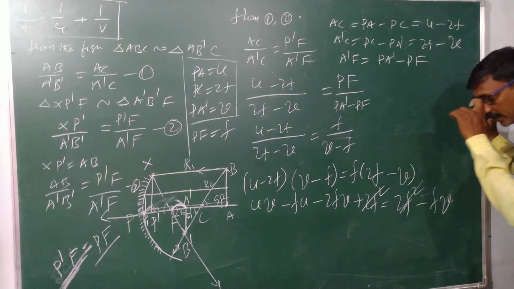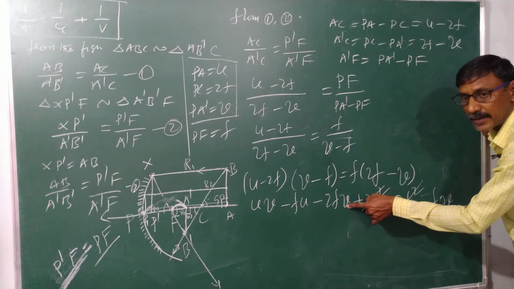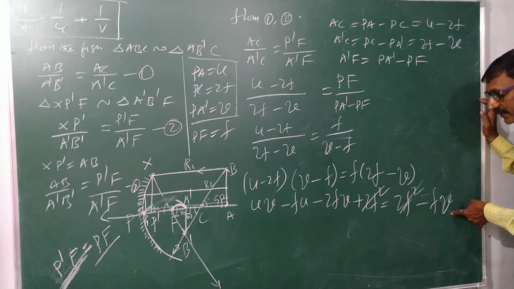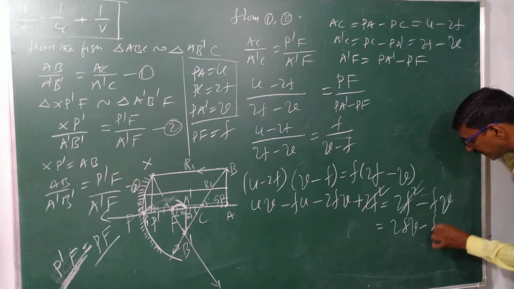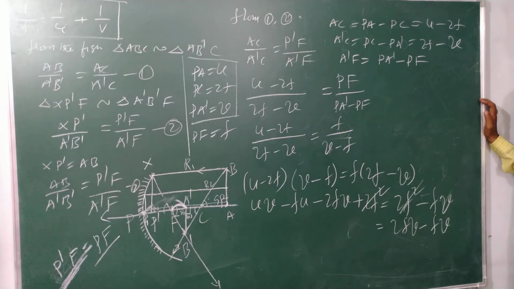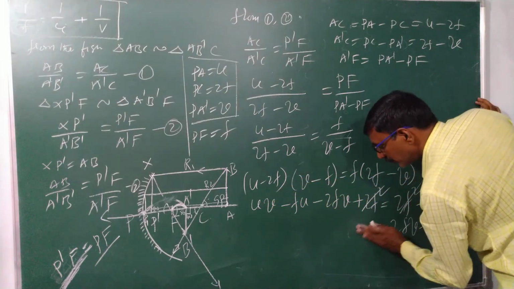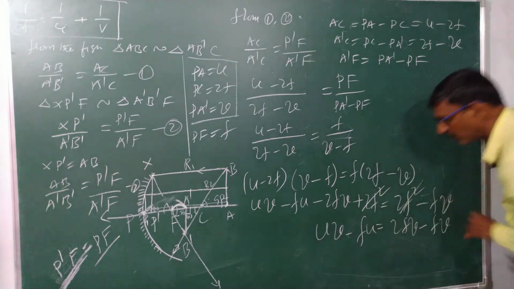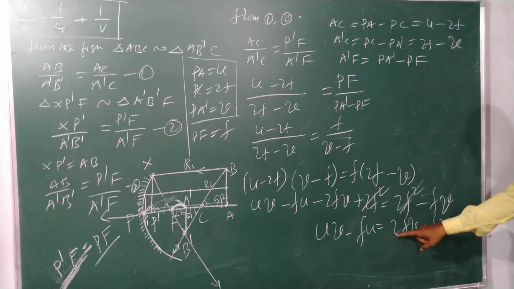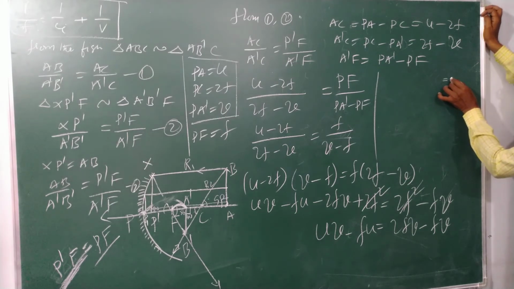Now see here, very important. Minus 2FV is there; we take it to this side as plus 2FV, minus here we have FV. Now here we have UV minus FU. 2FV minus FV is nothing but 1 FV.